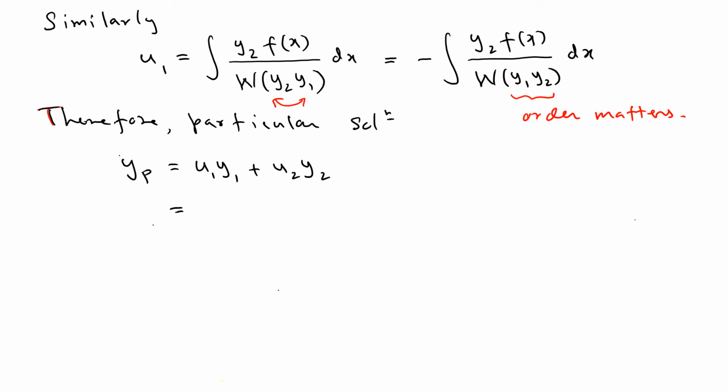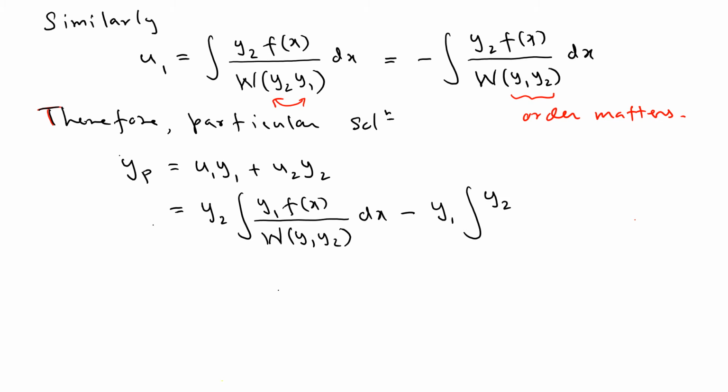So yp equals y2 times the integral of y1 f(x) over W(y1, y2) dx minus y1 times the integral of y2 f(x) over W(y1, y2) dx.